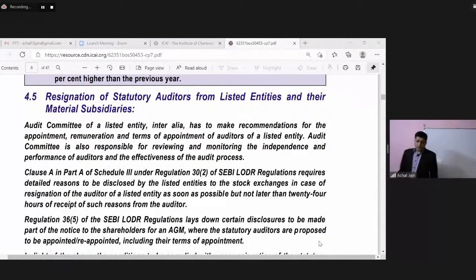Okay, so now moving on to this next requirement around the resignation of the statutory auditors from listed companies and their material subsidiaries.